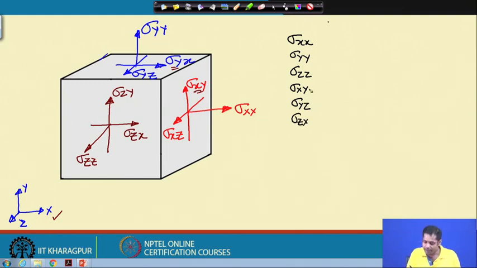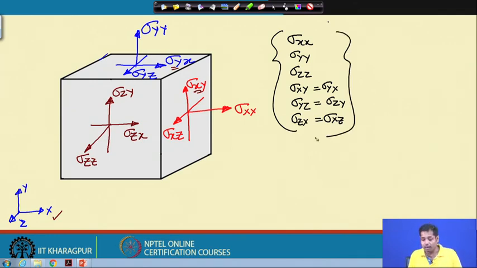But remember, sigma xy is equal to sigma yx, and sigma yz is equal to sigma zy, and sigma zx is equal to sigma xz. The symmetry will be discussed in detail in the next 2 weeks. There we will see that, in addition to this, depending on the material, many other kinds of symmetry exist.